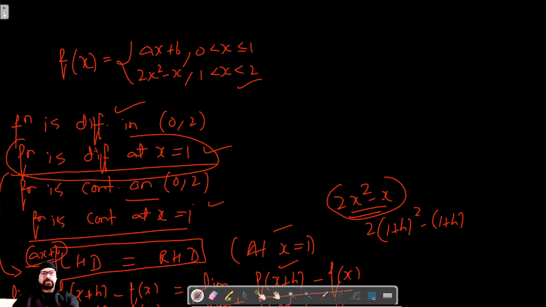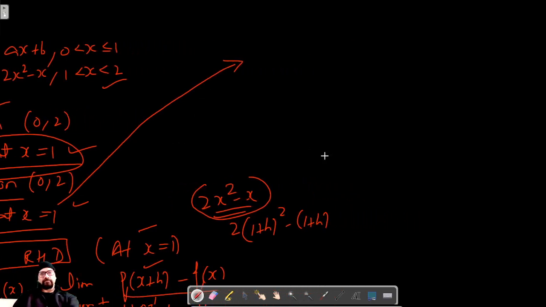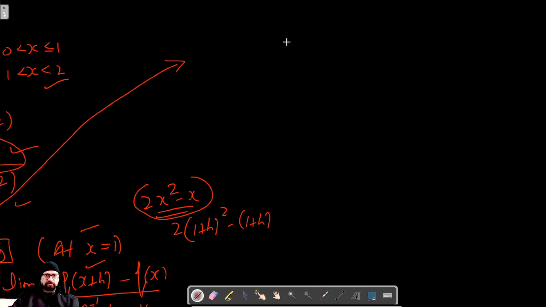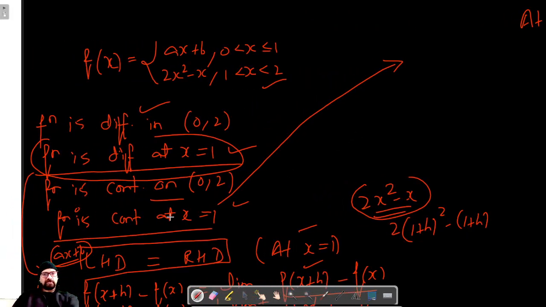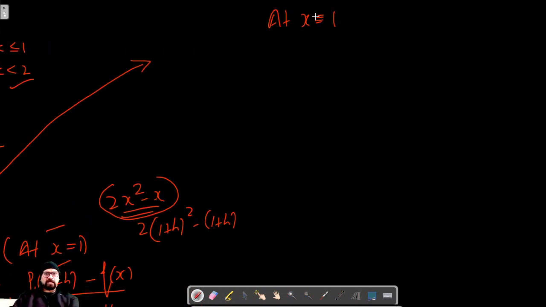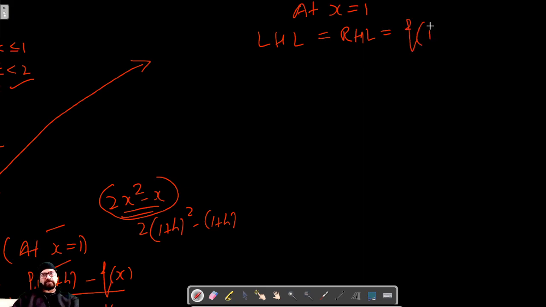Let's use the condition where x is equal to 1. So the function is continuous at x is equal to 1, so that means at x is equal to 1, left hand limit is equal to right hand limit is equal to function's value at 1.